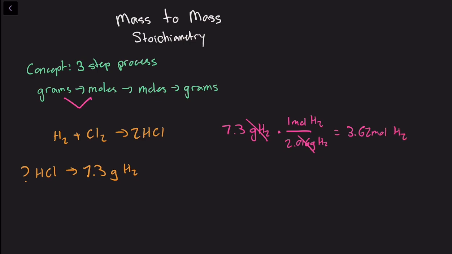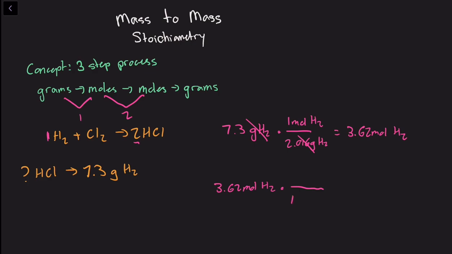Now from there, we're going to go to our second step, which is moles to moles. Now in the second step, we're going to take our 3.62 moles of H2 and convert it to moles of HCl, which is what we want to find. So we're going to look at our mole-to-mole ratio in our problem, which is a 1:2 ratio, going in terms of H2 to HCl, it's 1:2.